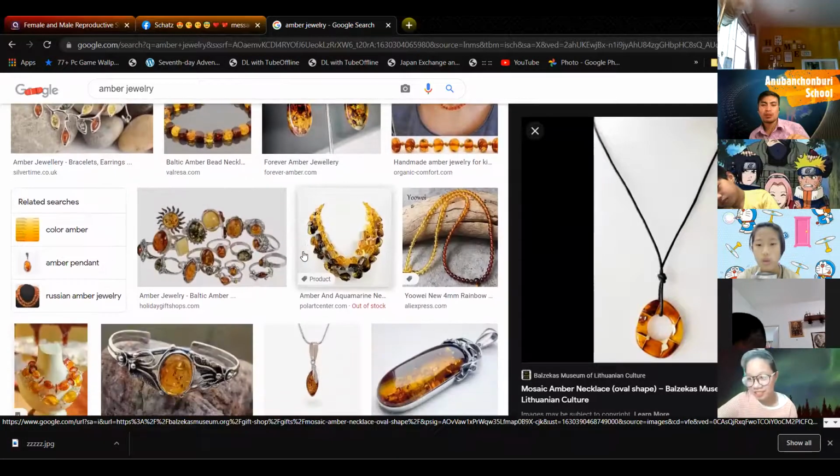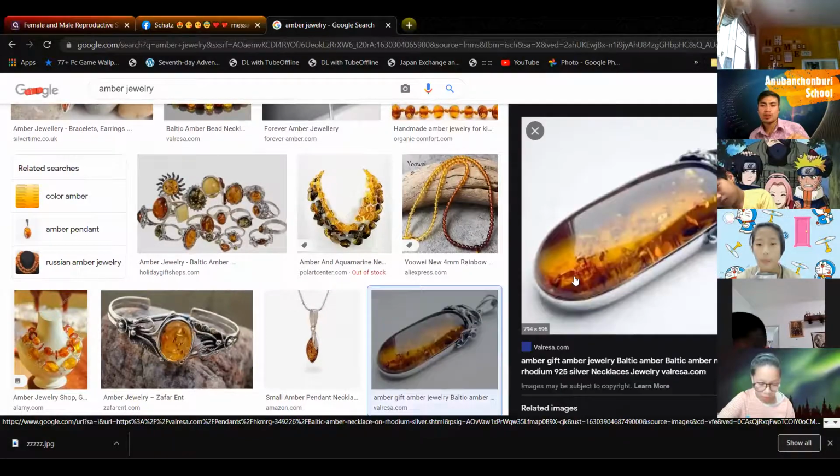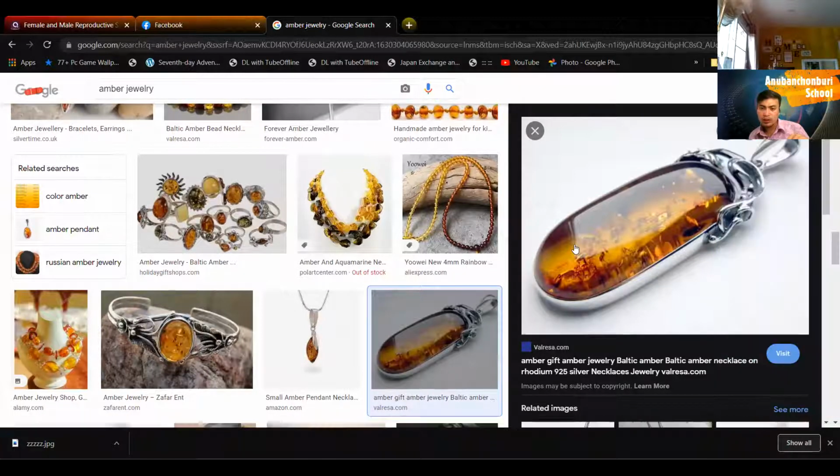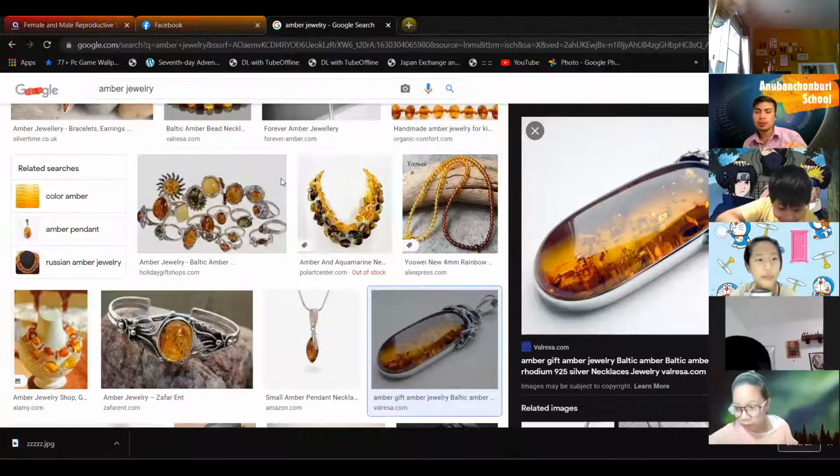It looks like, when it becomes very hard, people can do something like this. They put something inside an amber. Well, let's proceed to the next word.